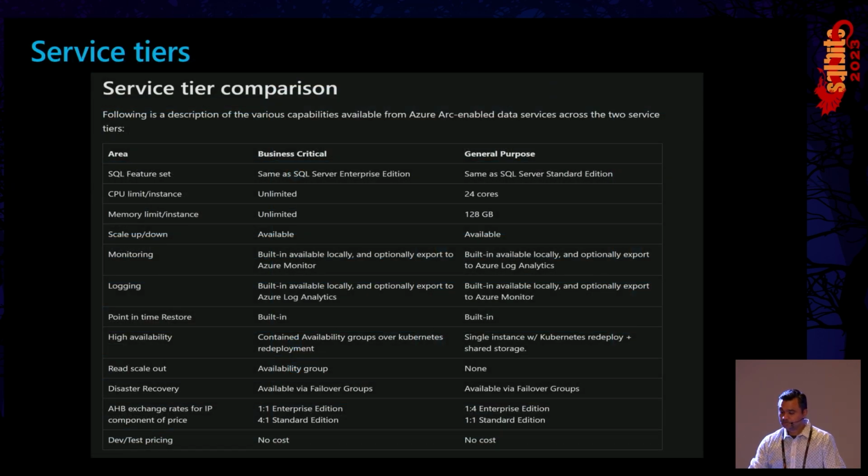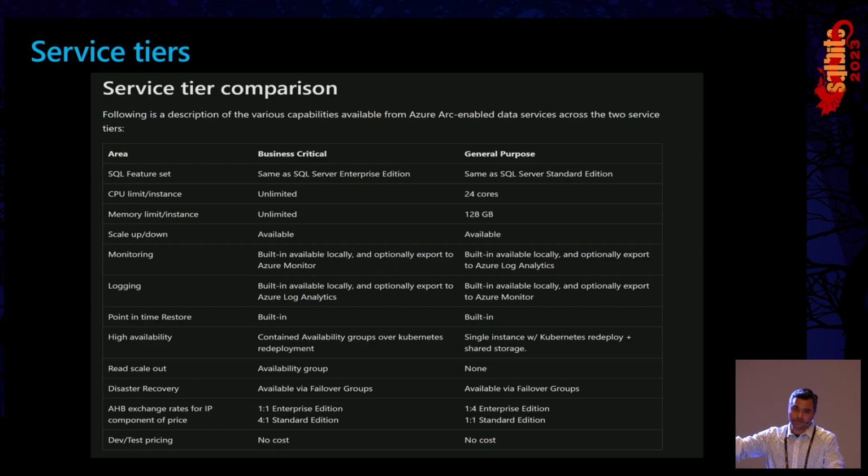Okay, service tiers. Again, Arc SQL MI, think of it as equivalent to Azure SQL MI. It's just running outside of Azure, right? In Azure, you have these 2 service tiers, business critical, general purpose. We have the same pattern for Arc SQL MI. General purpose is equivalent to the standard edition SQL Server in terms of limits on CPU and memory.